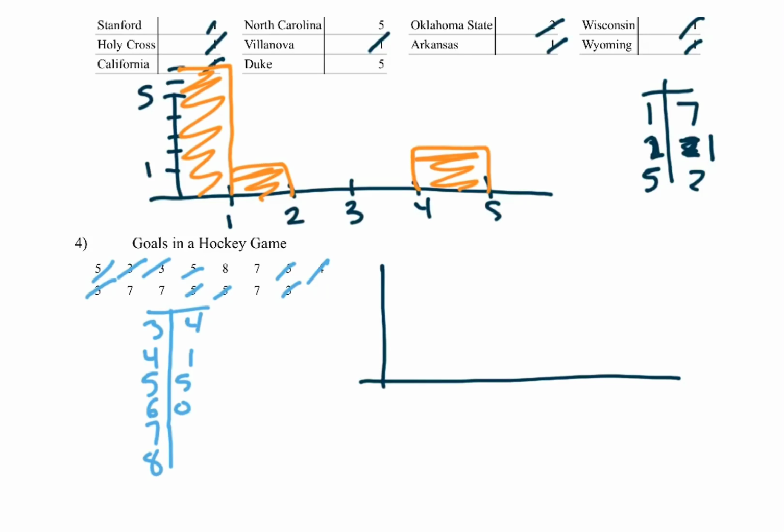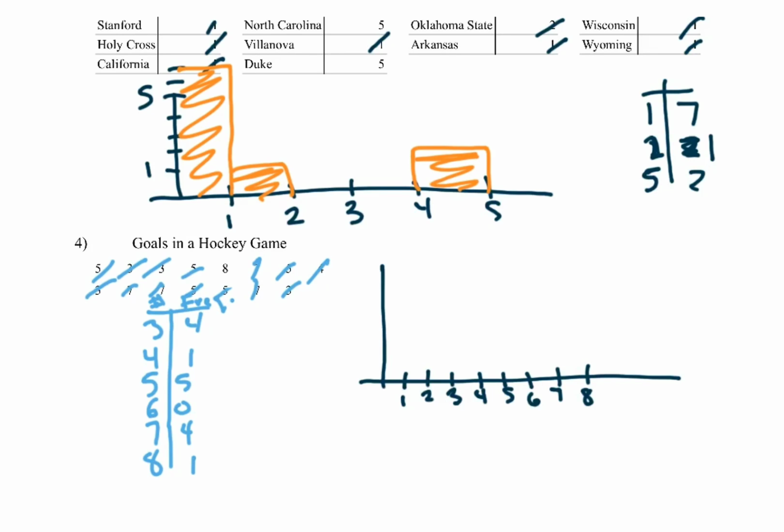There's 4 7s and 1 8. So we go 1, 2, 3, 4, 5, 6, 7, and 8. And we go up to 8. Oh, nope, there's only one 8, wasn't there? All right, this is the frequency that we have them.